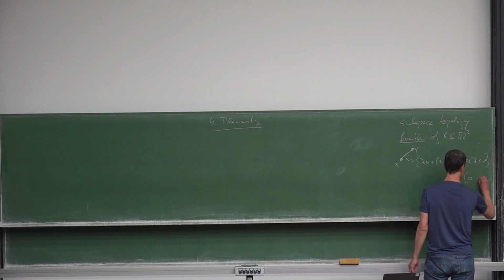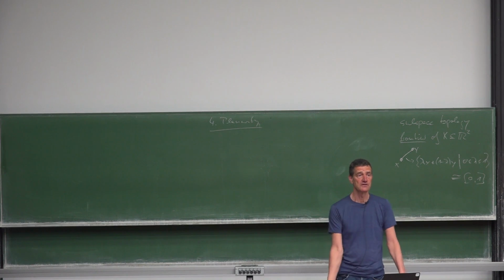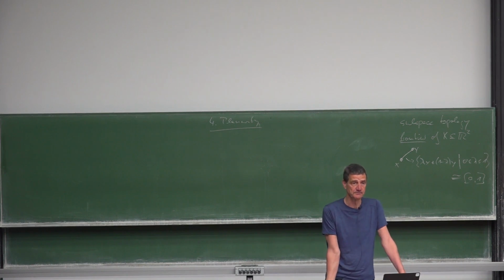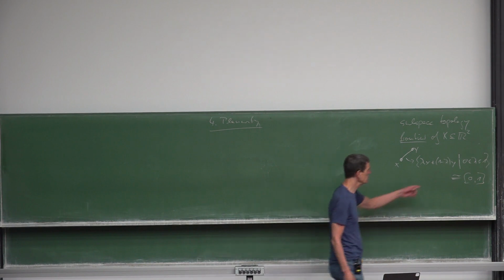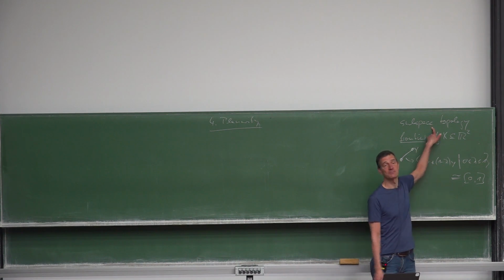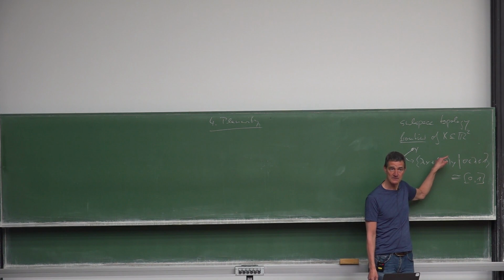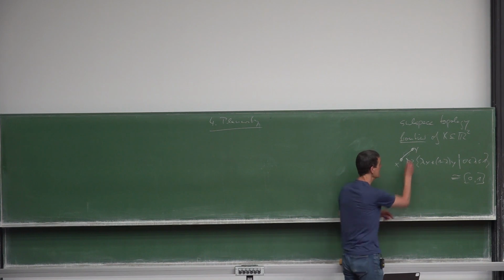Such things are homeomorphic to the interval 0,1, the real interval 0,1. And when I say homeomorphic, I'm referring to the subspace topology of this set of points. So what's an open set of this? It's an intersection of an open set in the plane with this.